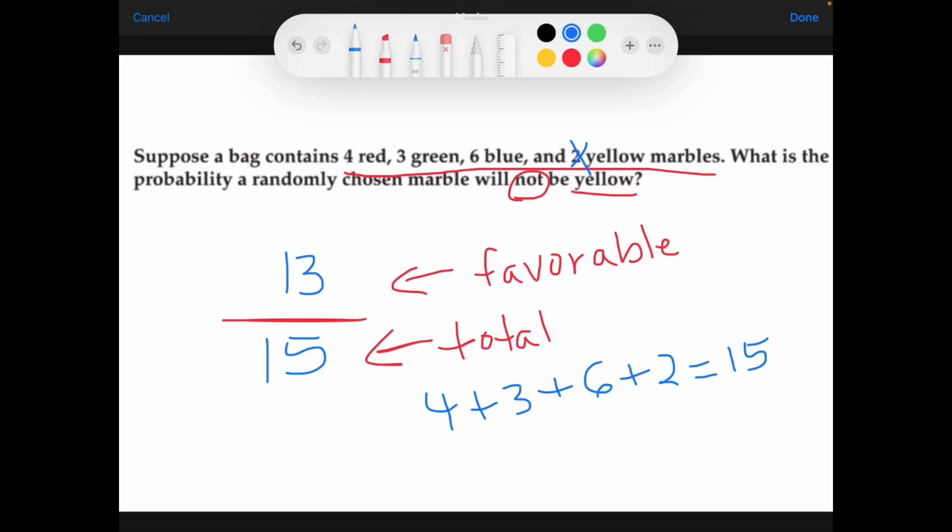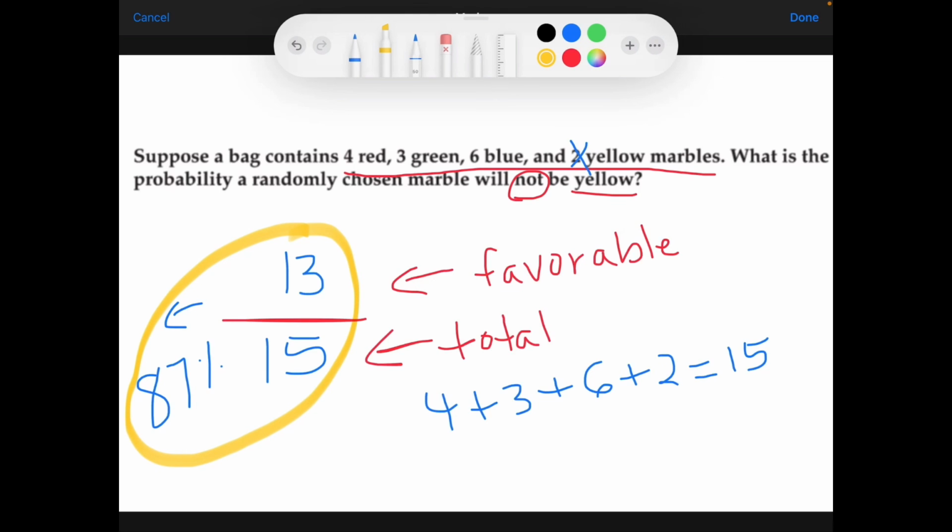Right? So we have a 13 out of 15 chance of us picking something that is not a yellow marble. If we actually divided these two numbers, we would get that 13 out of 15 would be about an 87% chance of this happening. Okay? So you need to be able to know how to write it in a fraction form and also a percentage.